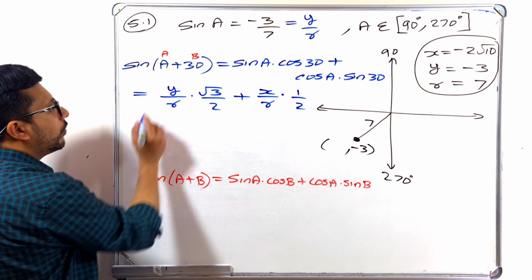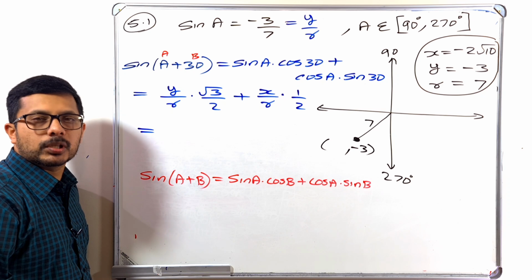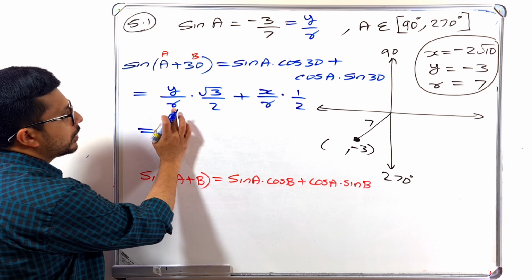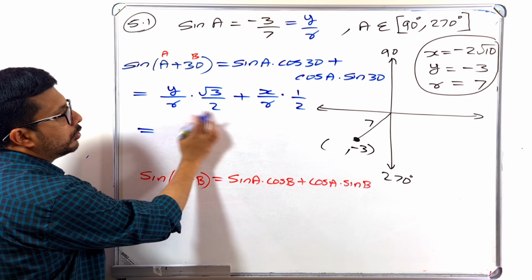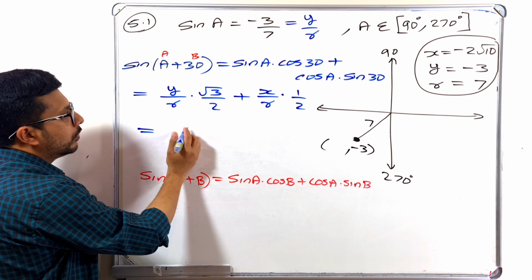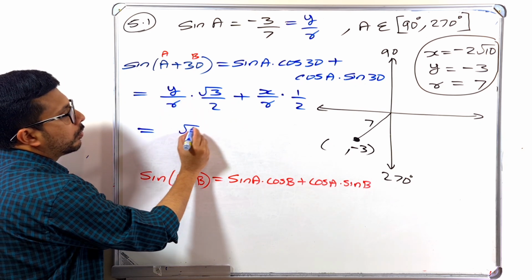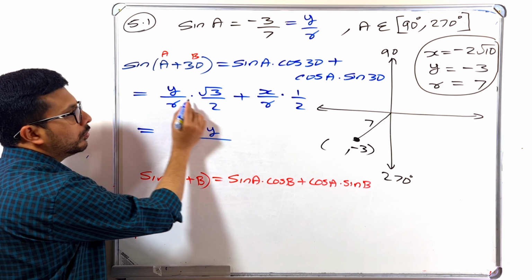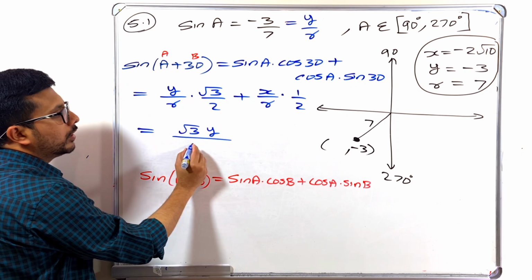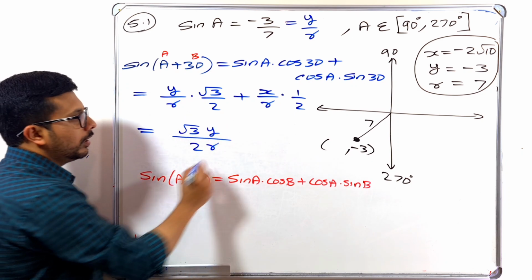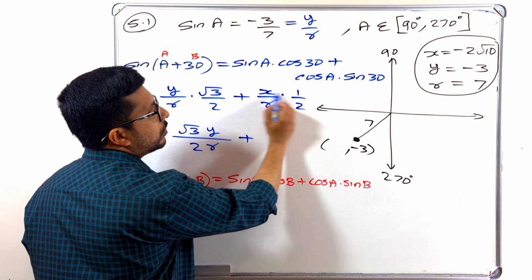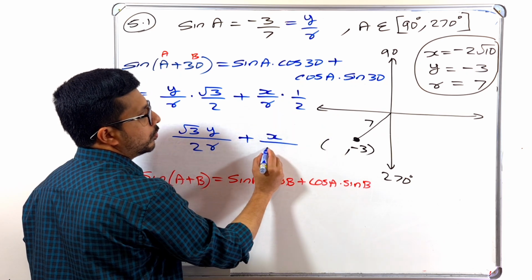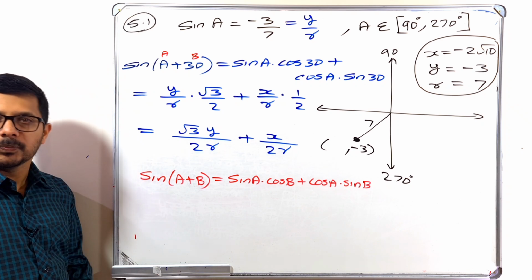Now we have to substitute the values. Before we substitute, look at this: r into 2 is 2r. So root 3 into y is root 3 y divided by r times 2, that is 2r. Plus, the same applies here, x into 1 is x divided by r times 2, that is 2r.